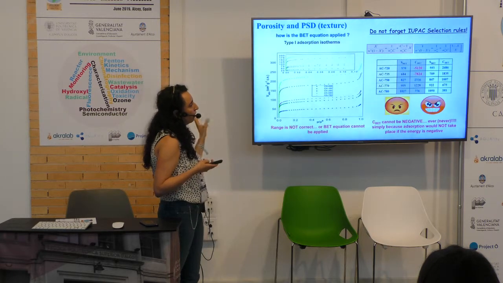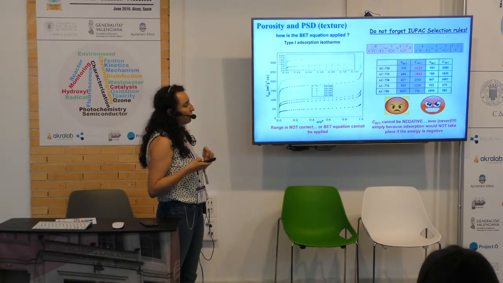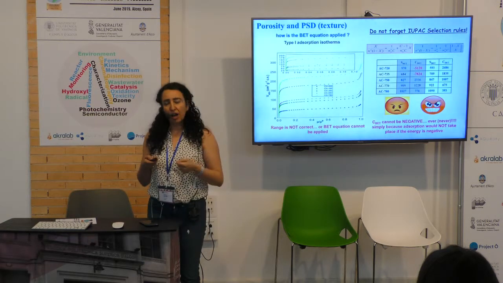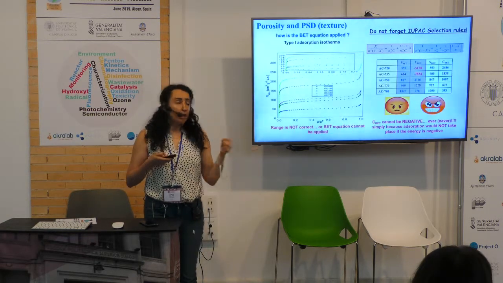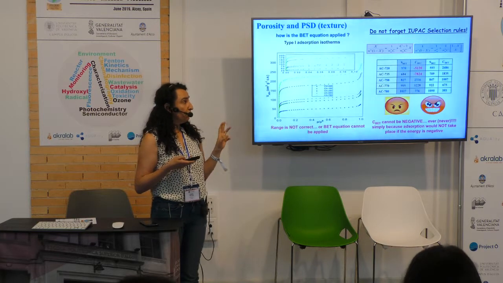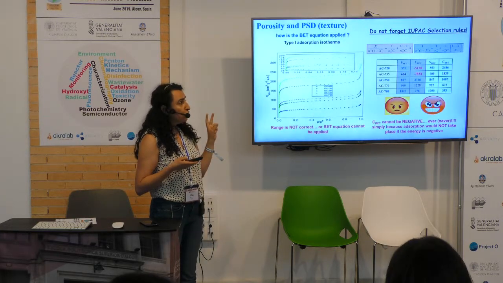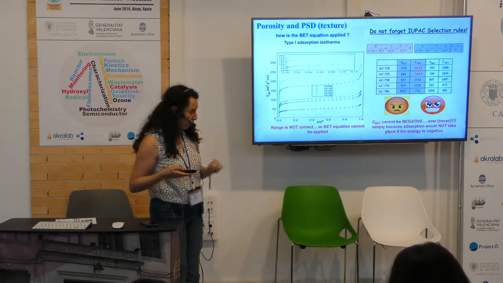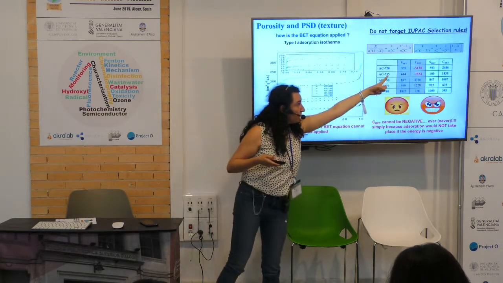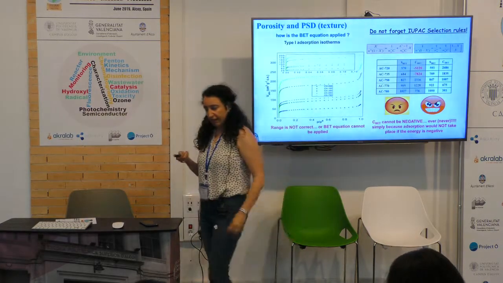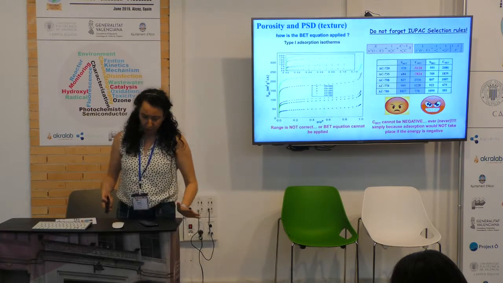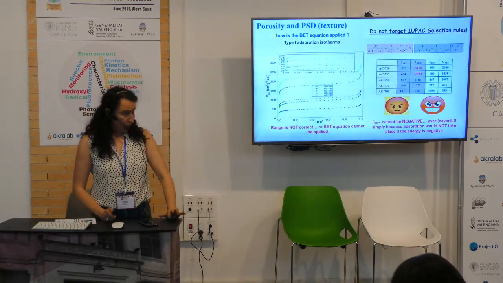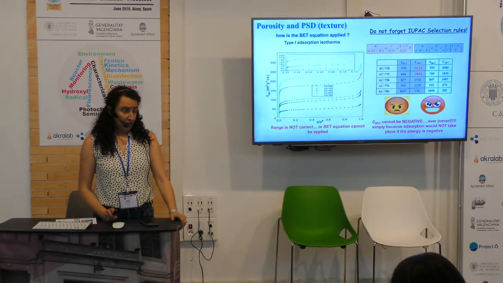Of course, what I've mentioned before of complying with the selection rules of IUPAC, it's not only important to have the value of the BET surface area, but also to check the other parameters of the equation. And this is one of the most common mistakes that is even, unfortunately, found in the literature, which is reporting the constant of BET with negative values.